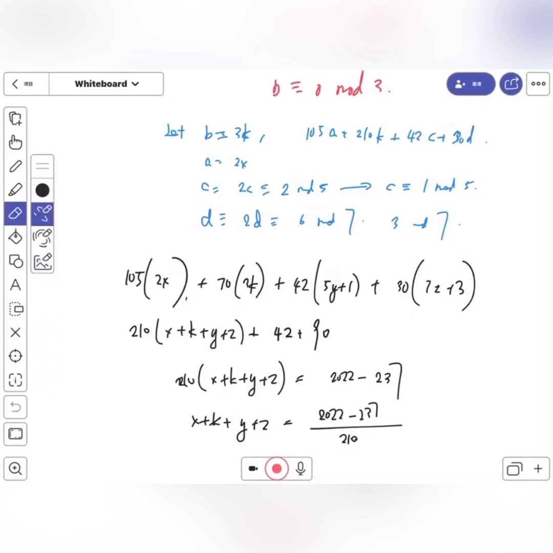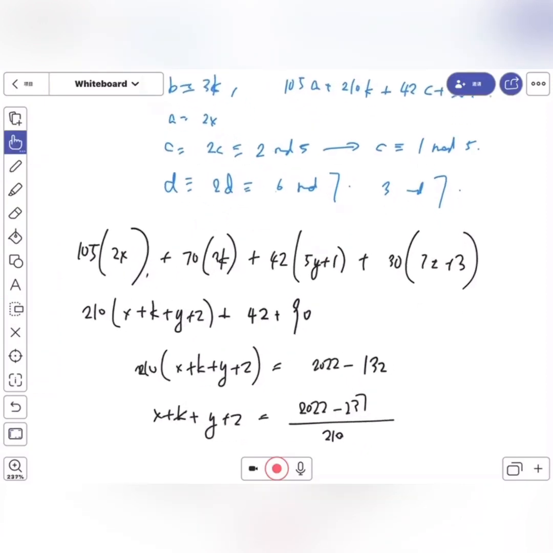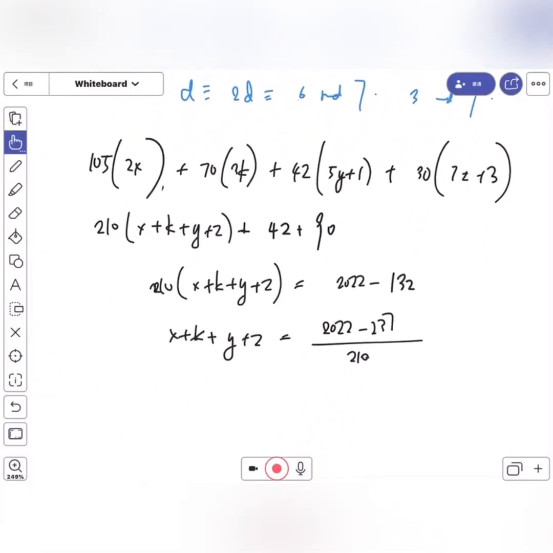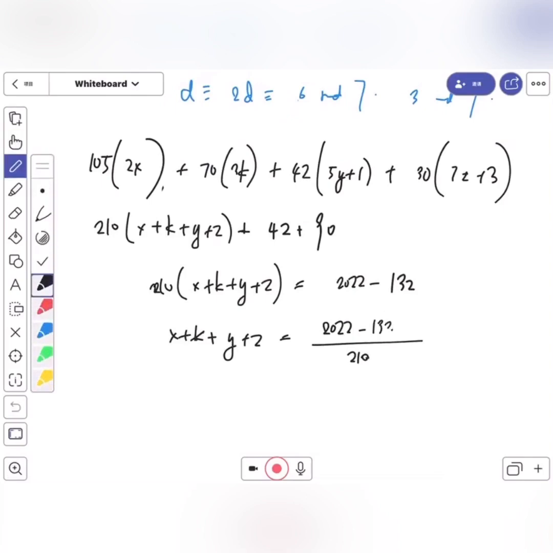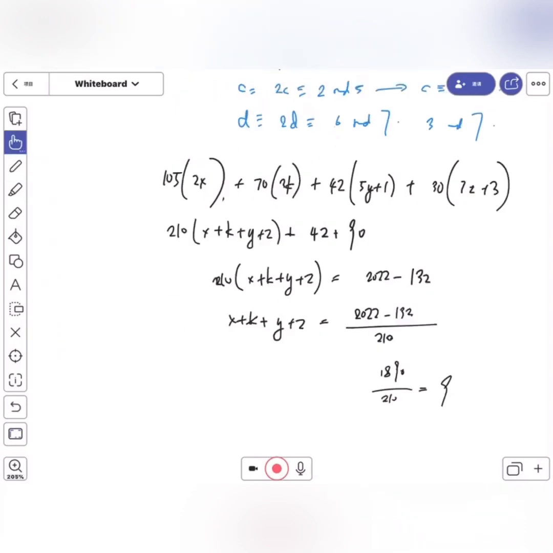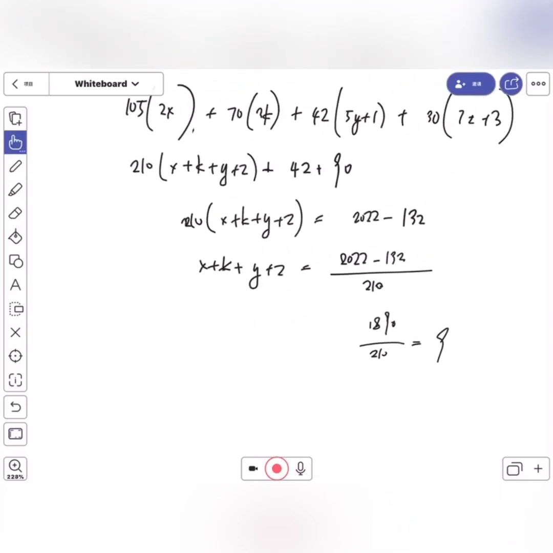So we're going to subtract 132 from 2022. And this gives (2022 minus 132) over 210. And this is 1890 over 210. That is equal to 9.